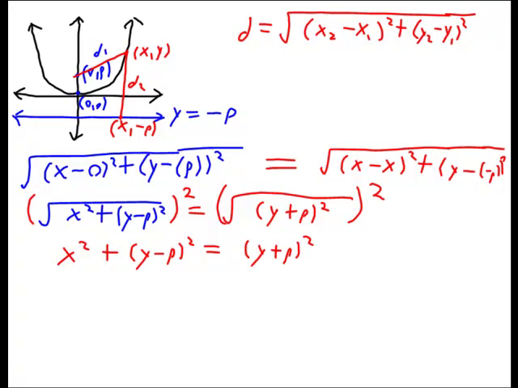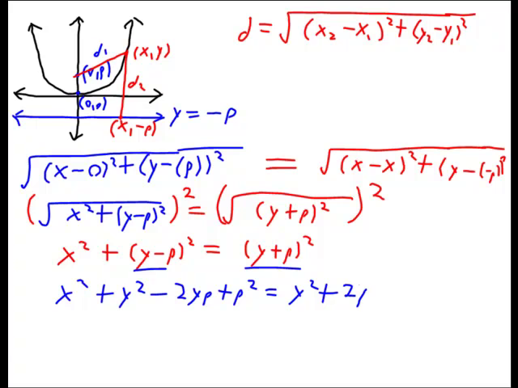Then if we multiply out our (y minus p) and (y plus p), we'll get x squared plus y squared minus 2yp plus p squared. That will equal y squared plus 2yp plus p squared. So then if you notice, we have some terms on each side we can subtract off and cancel. y squareds will cancel, p squareds will cancel.